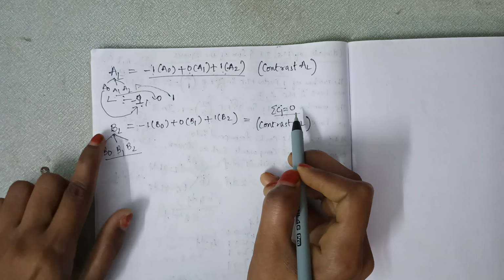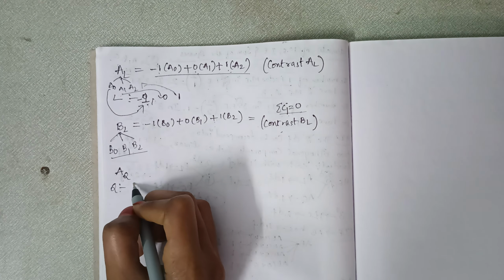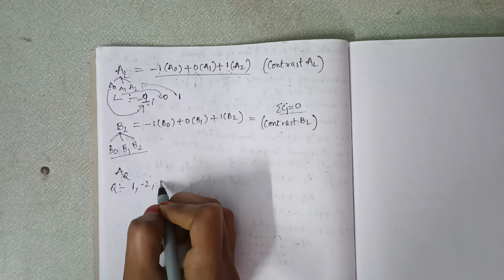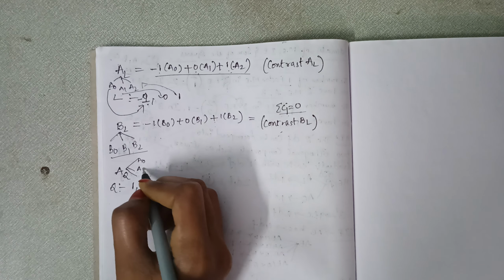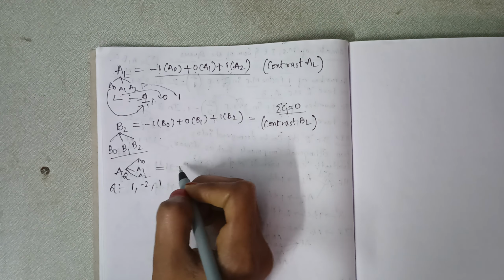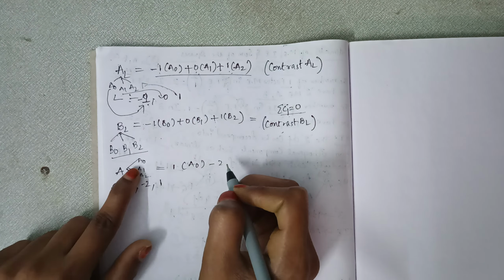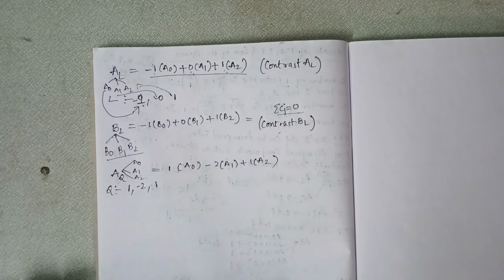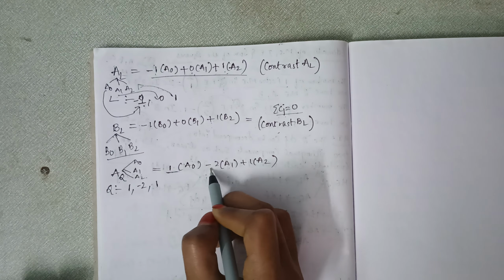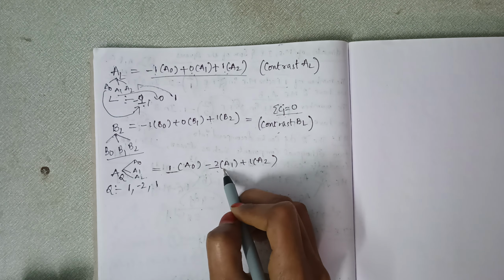And now let us calculate the quadratic effect of A. Quadratic has 1, -2 and 1, right? So A with three levels, A0, A1 and A2, is equal to 1 into A0, -2 into A1, plus 1 into A2. If you add the constants, -1 plus 1, -2 plus 1, 1 plus 1 is 2, 2 minus 2 is 0.